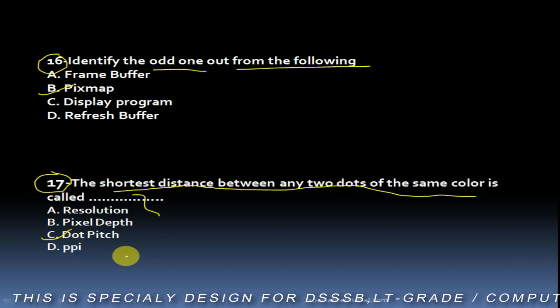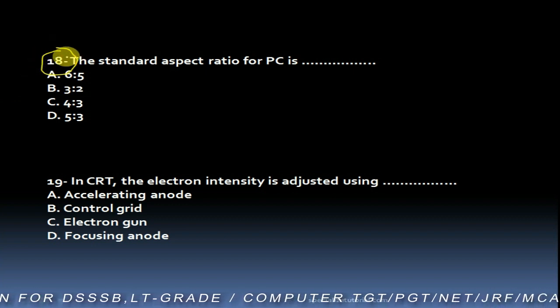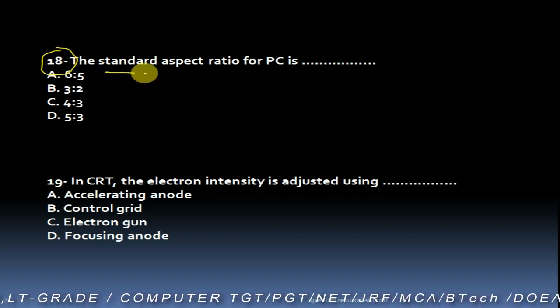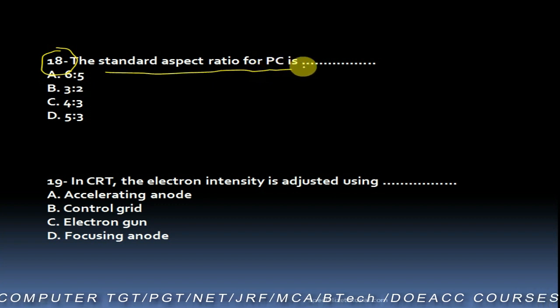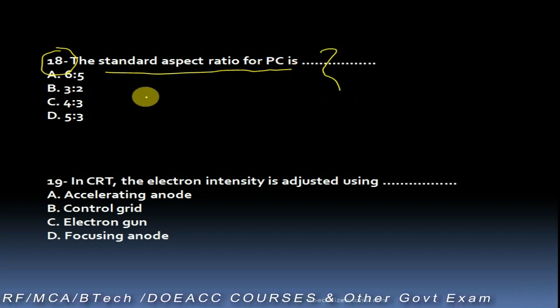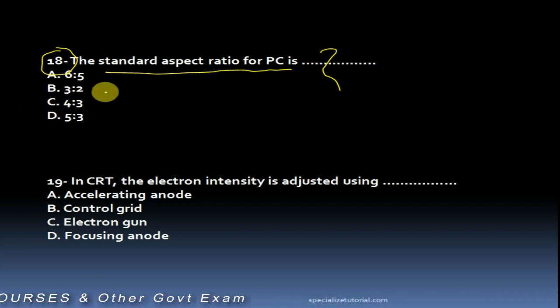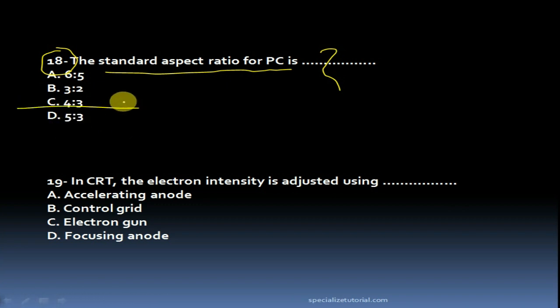Now take the next question, question number 18. The standard aspect ratio for a PC is what? The options are 65, 32, 43 and 53. Yes, C, 4:3.